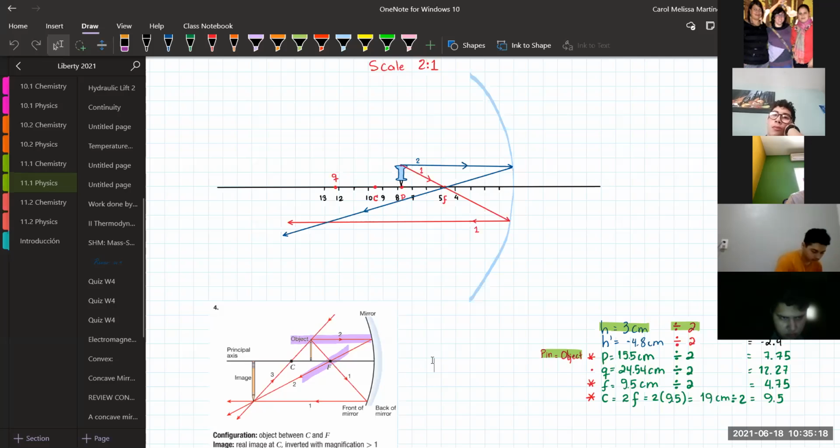And then the third ray comes from the top of my object, passing through the radius of curvature. Take a look. From the top of my object, passing through the point C. So I will do the same.